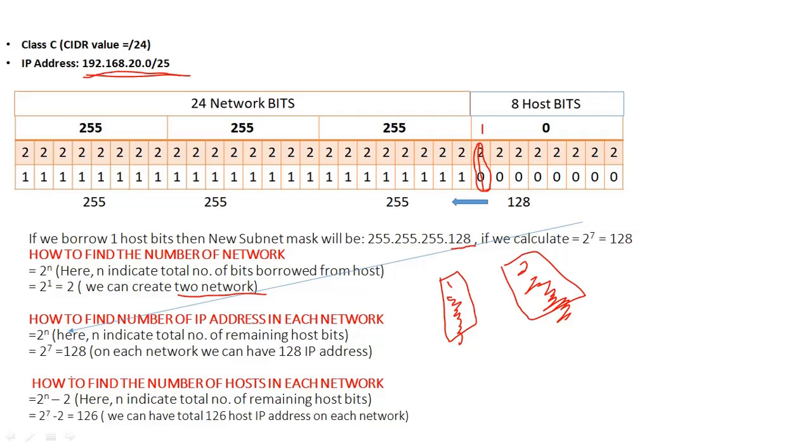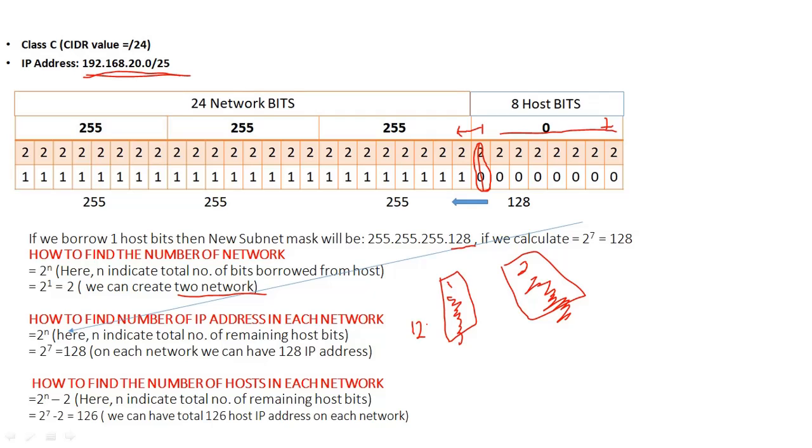To find that out, you need to use another formula, which is 2 to the power n, but here n indicates the total number of remaining host bits. You already sent 1 bit to the network bits, so the remaining bits will be only 7 bits. So 2 to the power 7 equal to 128. So on each network you can have 128 IP addresses.